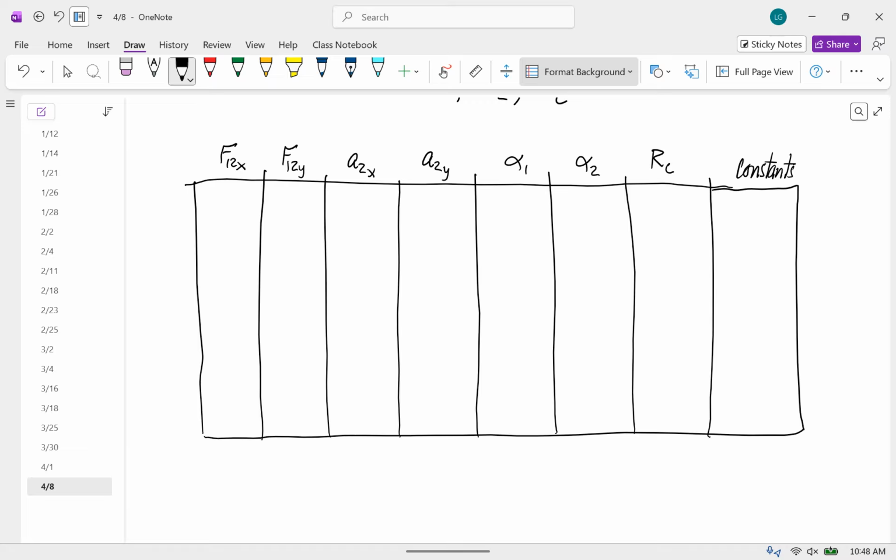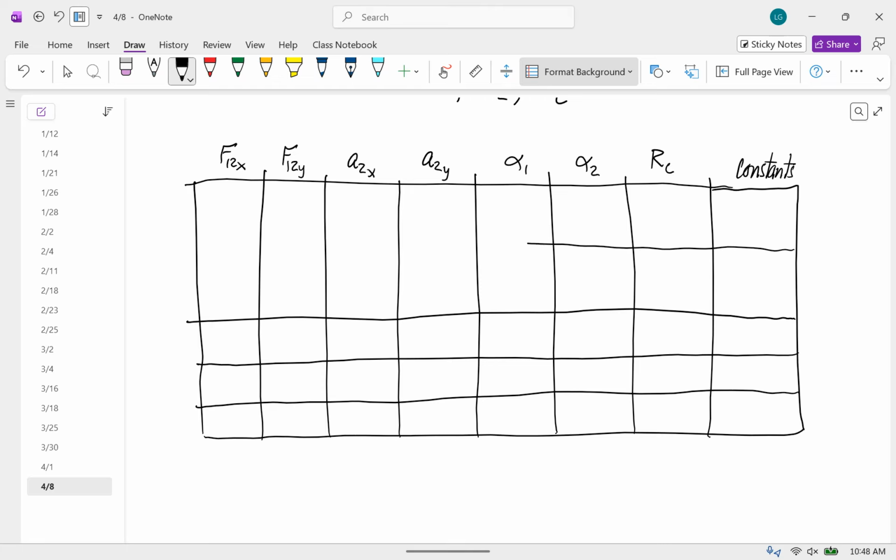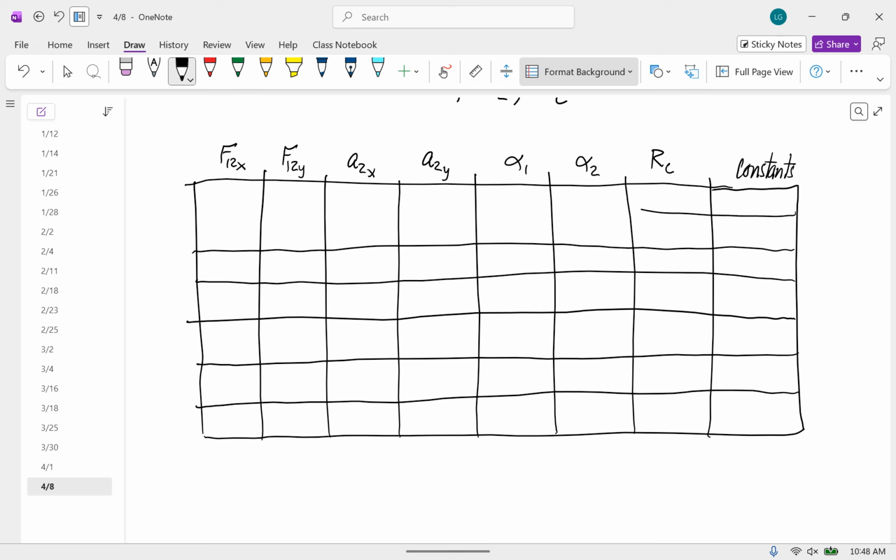And then I need 7 rows. And each one of those represents one equation. So I'll do this as equation 1, equation 2, 3, 4, 5, 6, 7.